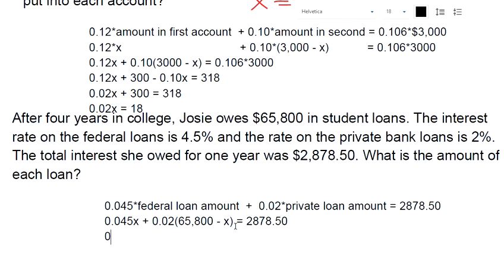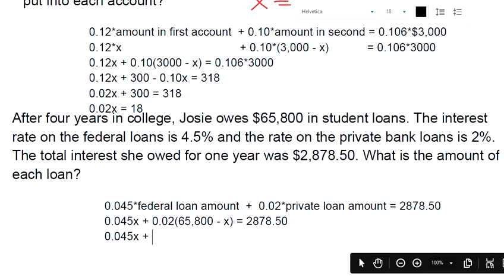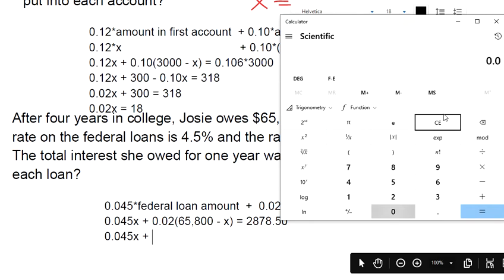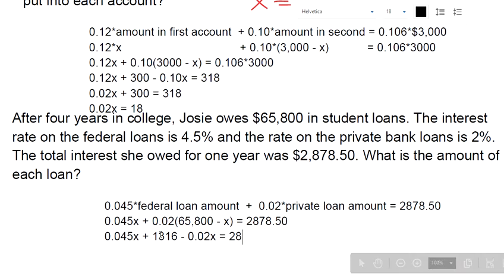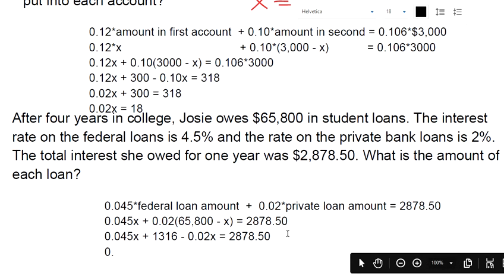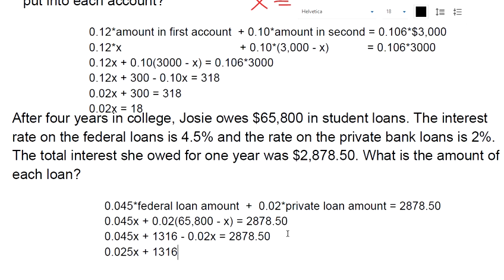And now we've got an equation we can solve just like last time. With the distributive property, we multiply 0.02 times 65,800, which is 1,316, and then minus 0.02x. Then we can combine like terms, so it's 0.025x.